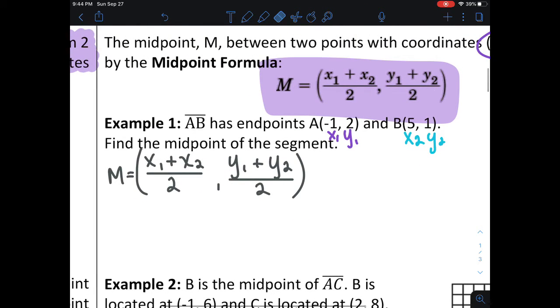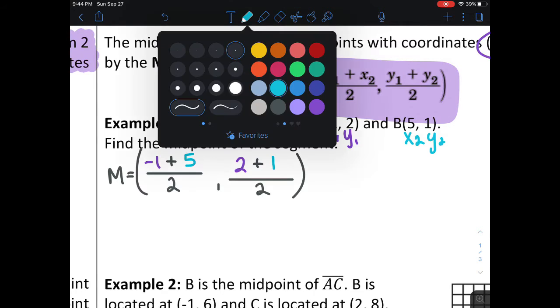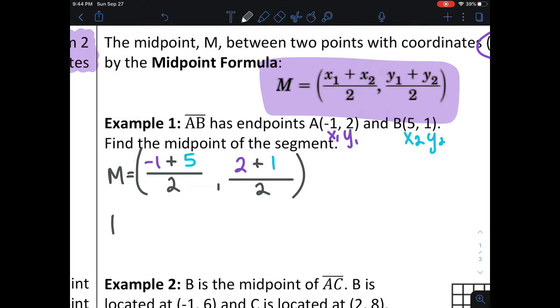Okay, so I'm going to erase x1 and y1 with -1 for x1 and 2 for y1. And then for x2 and y2, I'm going to replace those with 5 and 1. So x2 is 5, y2 is 1. And you see that's what we have.